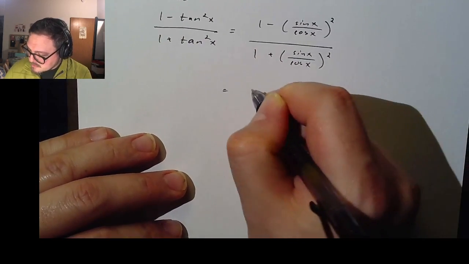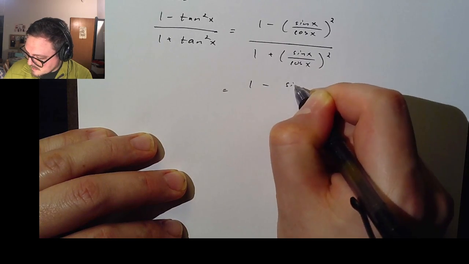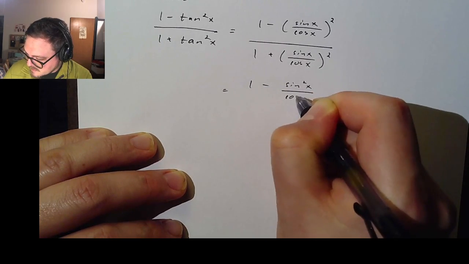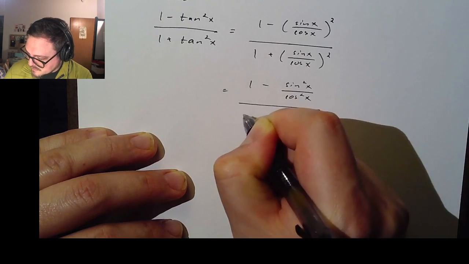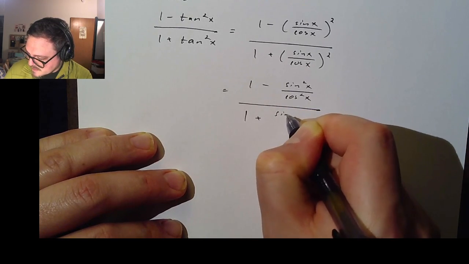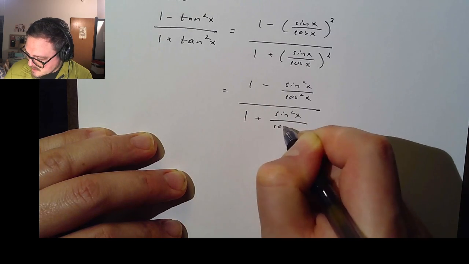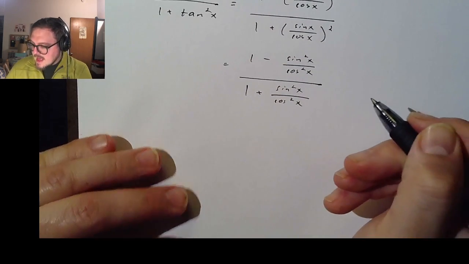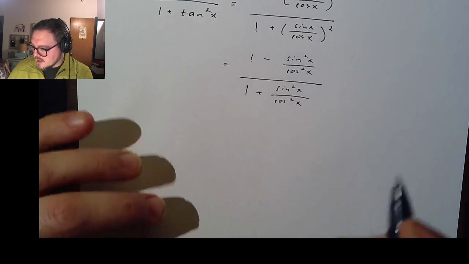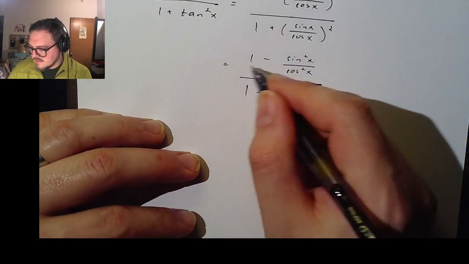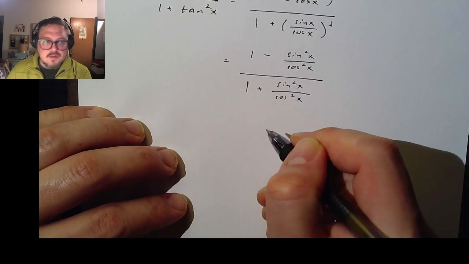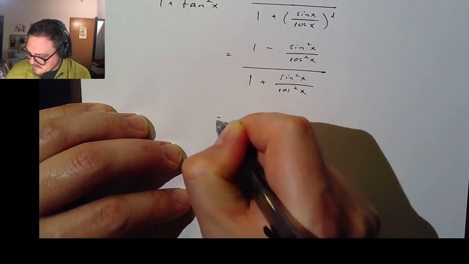From there, sure, 1 minus sine squared x over cosine squared x all over 1 plus sine squared x over cosine squared x. And now I don't know exactly where I want to go, but it seems pretty clear. These fractions are kind of messing me up, right? So let's go ahead and actually just add those fractions together.